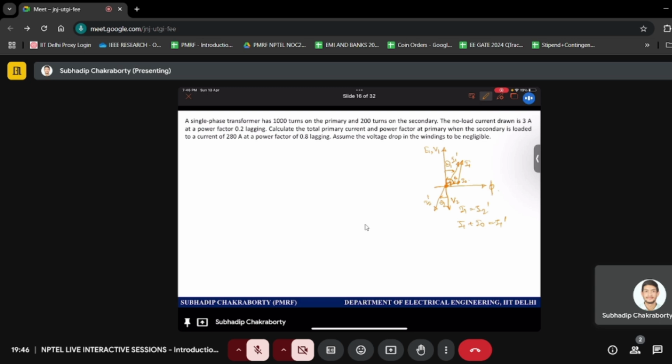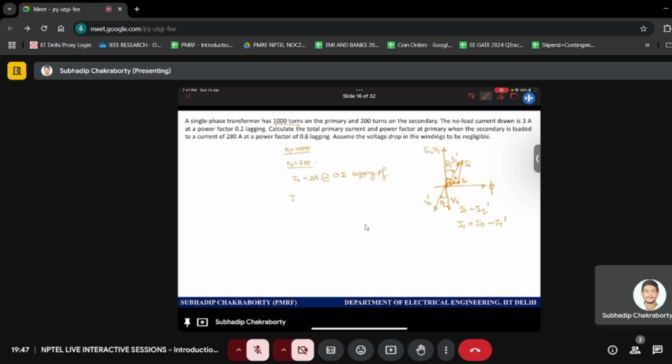So now you see it has given us the number of turns. There is a turns ratio. So the number of turns on primary is N1 and secondary is 200. And the no load current is given as 3 ampere at 0.2 lagging power factor.